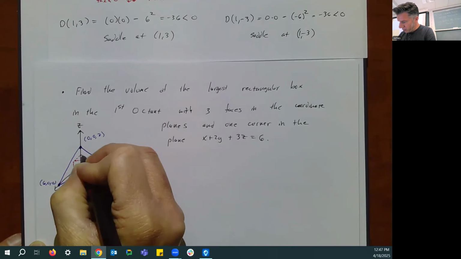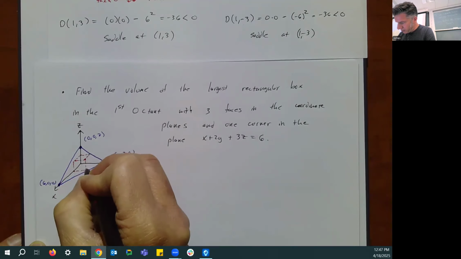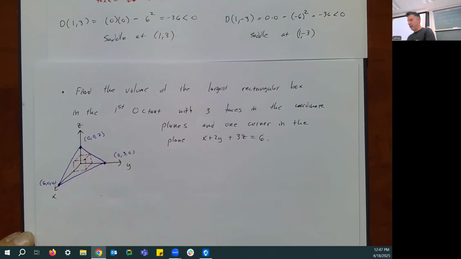Mine looks maybe a little too cubish for my taste, but oh well. So that's the idea, your box is living in the first octant with three of its faces, the bottom face, the back face, and the left face on the coordinate planes, and then one of the corners on this other plane that we've described.